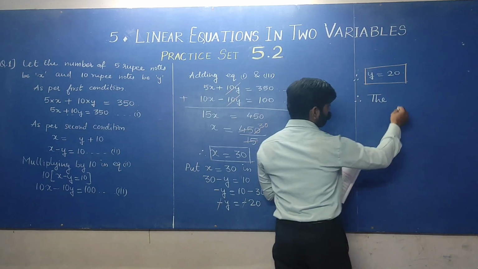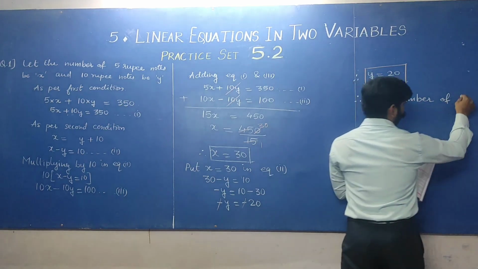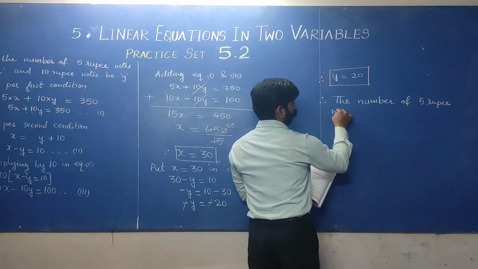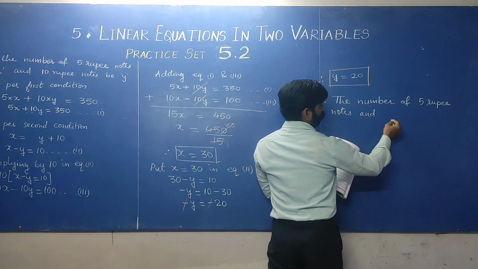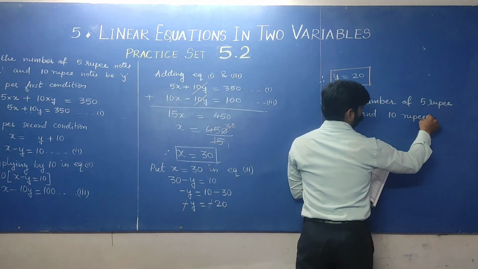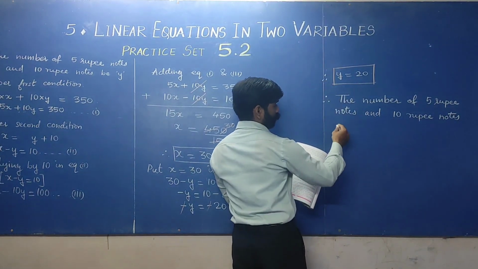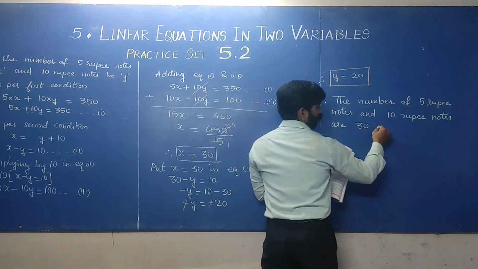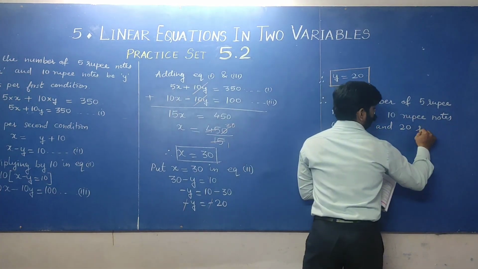The number of 5 rupee notes and 10 rupee notes are 30 and 20 respectively.